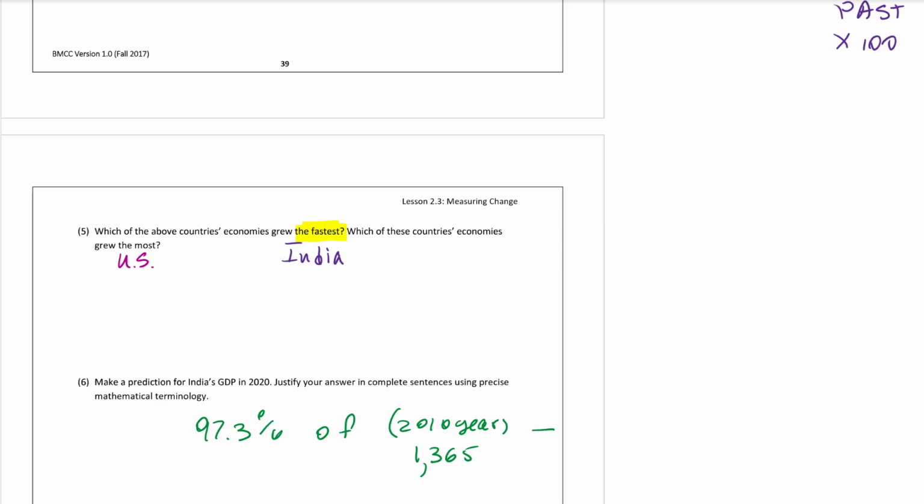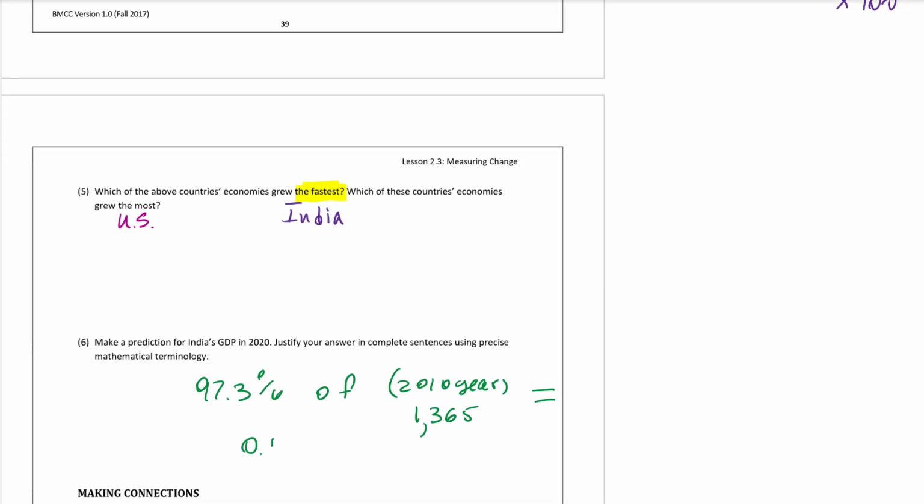So let's find what that is. We're going to multiply 0.973 times 1365. So that gives us 1,328. Let's leave it rounded to the nearest number.